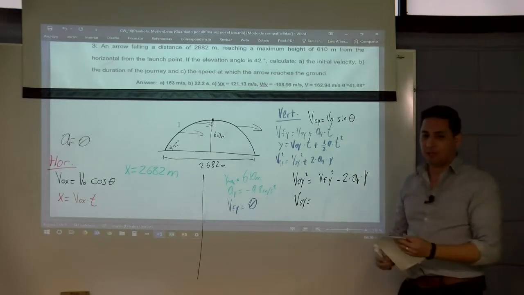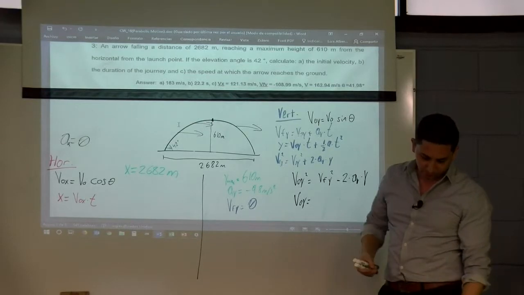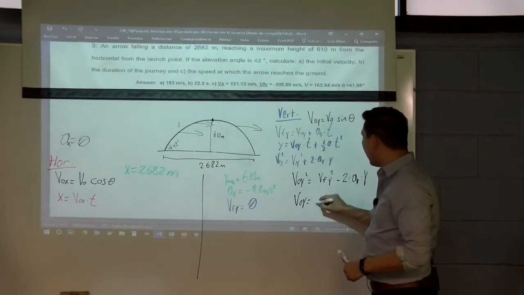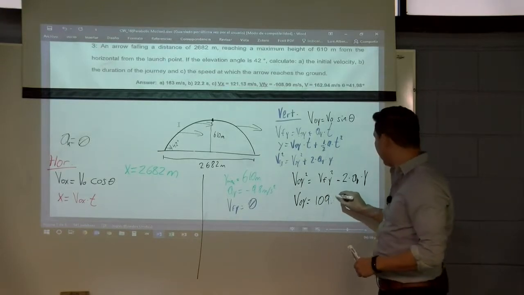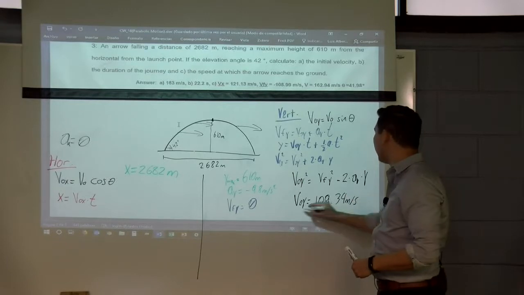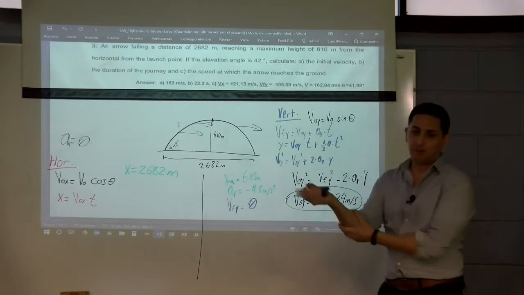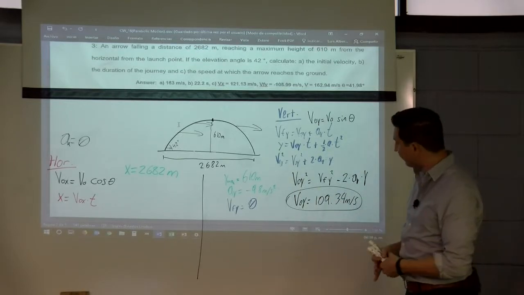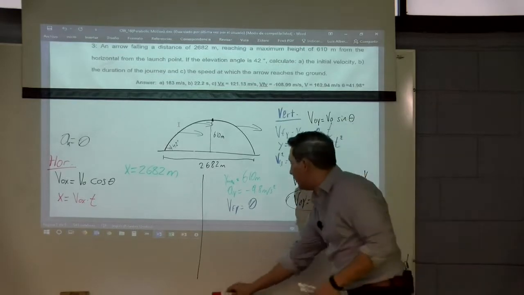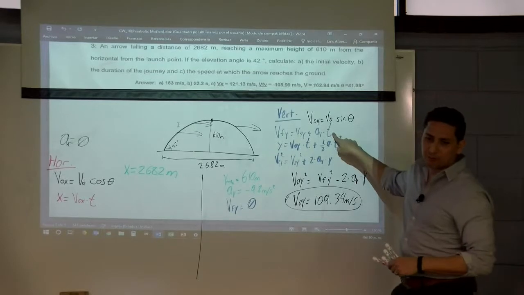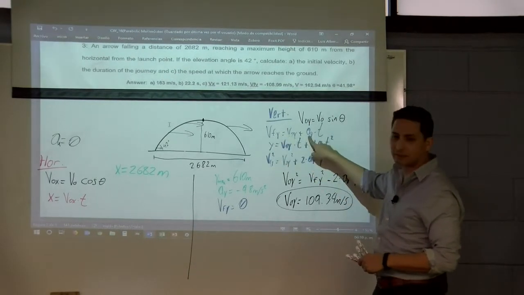So when we solve this, the VOY, I'm going to try to go fast in this. Okay, I have already calculated those values. So the VOY will give you 109.34 meters per second. This is my VOY. Okay, perfect. Now I want the time, because that's the second question. To get the time, I can use the first kinematic equation, because now I know the VOY, the VFY, and the acceleration.